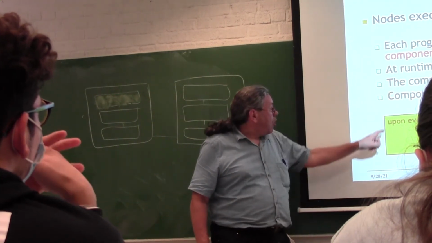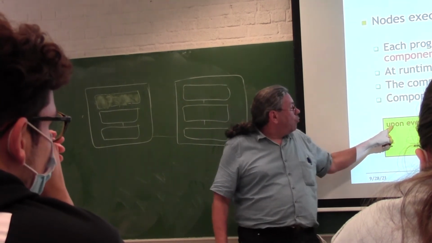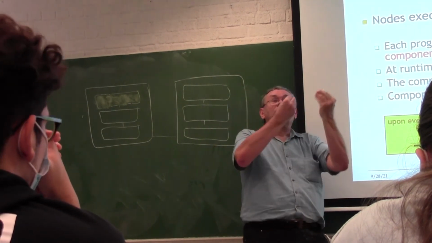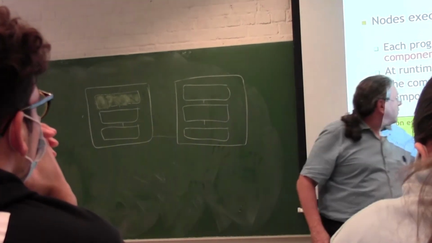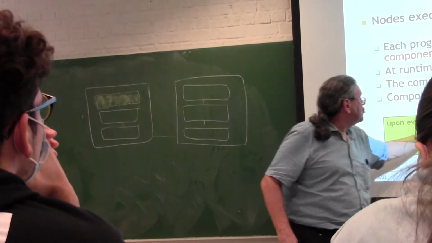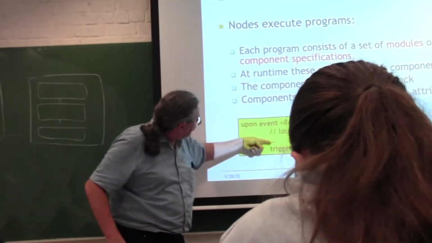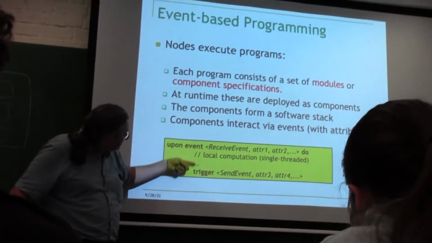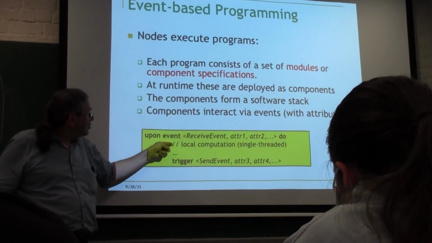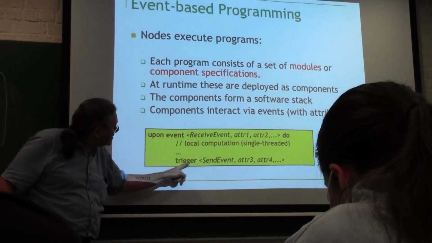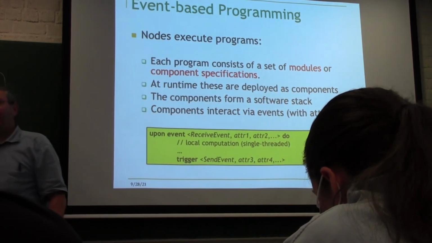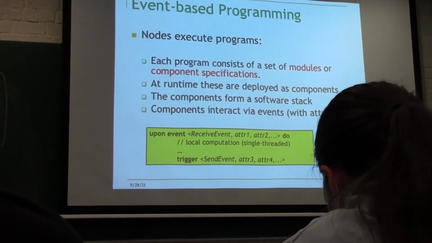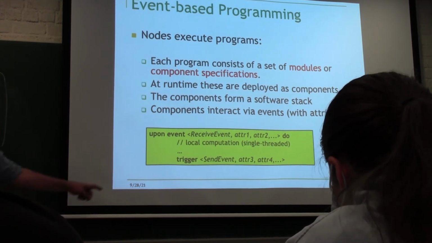Upon event means I wait for a message to come, and I can receive a message. That's this receive event with an argument, which is a message. Then I do some local computation. This is sequential. I'm just executing stuff here, and I can send messages too. The send is called trigger. That's very weird, but it's just a send.